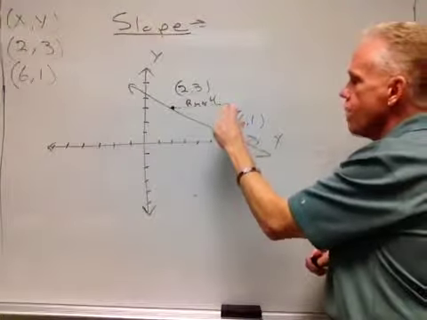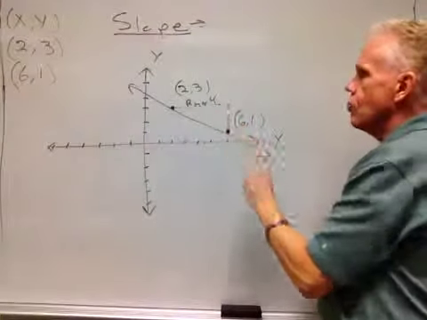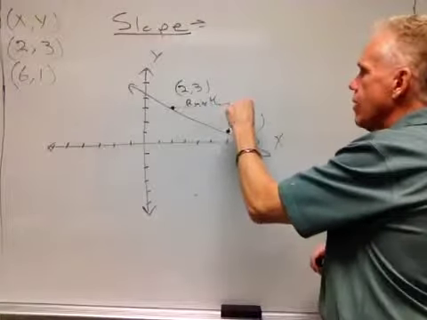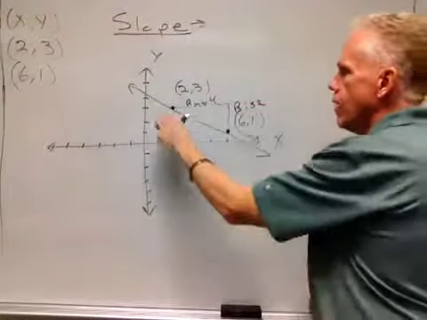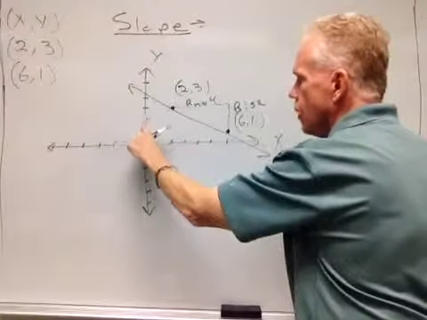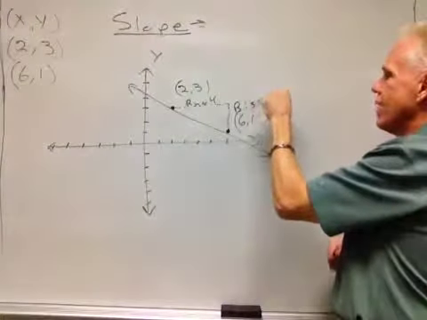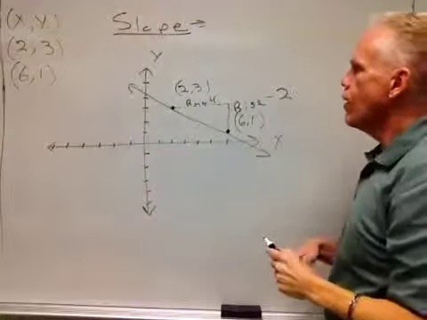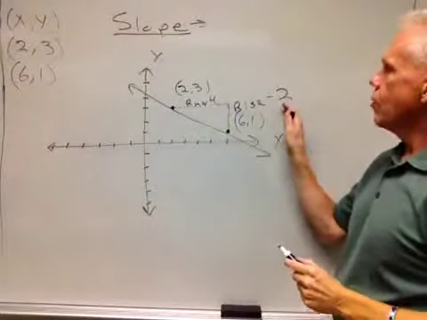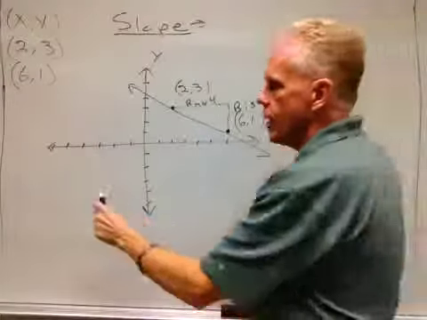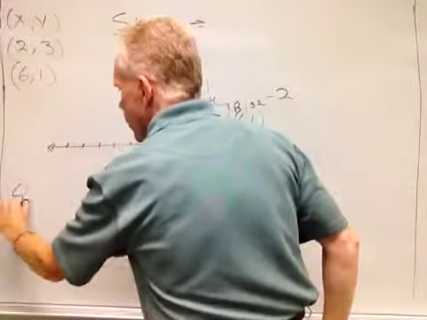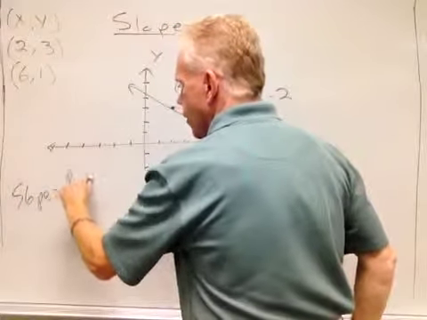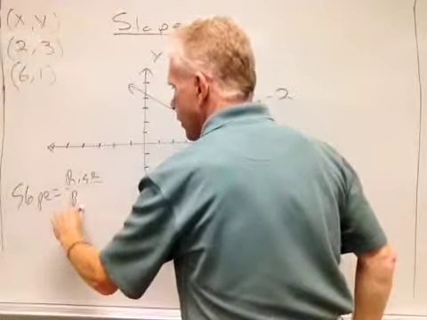Now I'm going to drop, or do a negative rise. So I'm going to have a rise here of, I'm dropping down 1, 2, rise of negative 2. All right, so we've got a run of 4 and a rise of negative 2. So remember, slope equals rise over run.